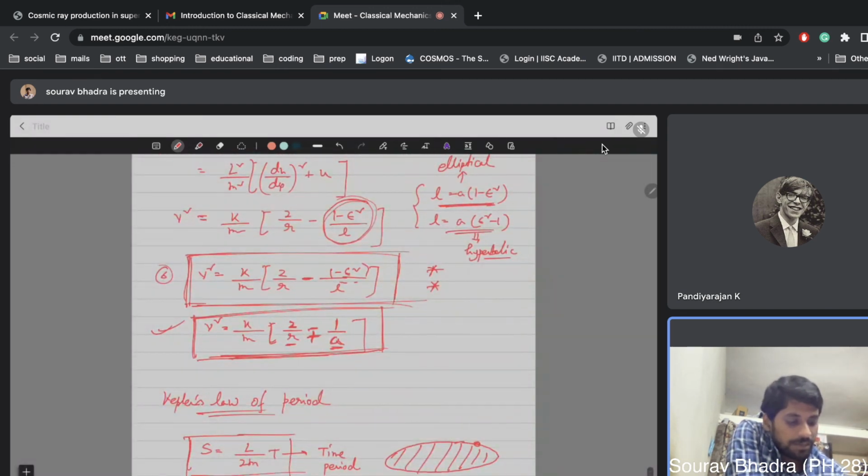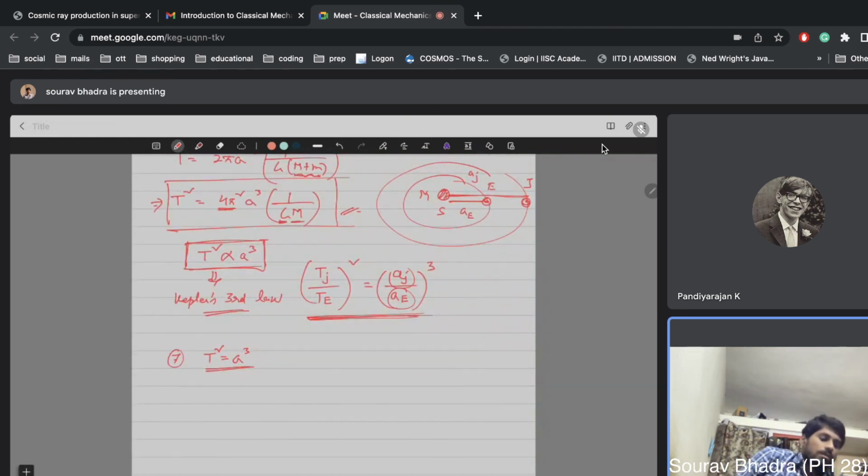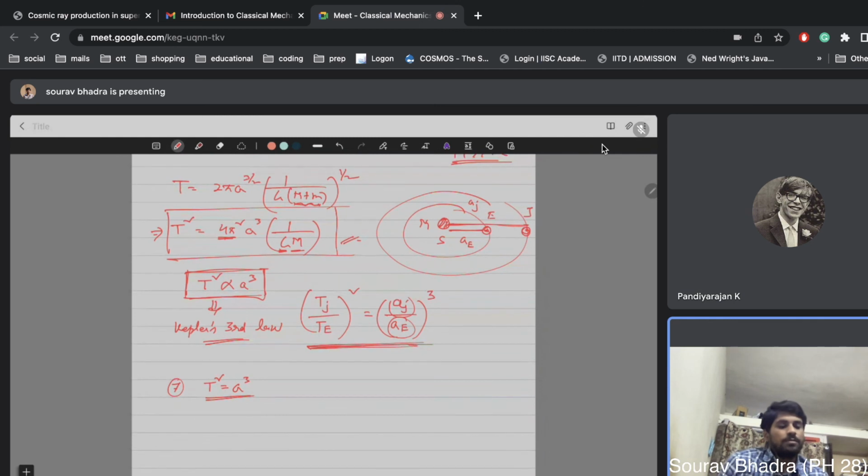This expression of the velocity in terms of radius, distance, semi major axis and mass. And this particular thing, the time period of an orbit of a particular mass revolving around a higher mass, is very much important. So please try to remember all these, and you will see that all these expressions will help you while you are solving some problems.